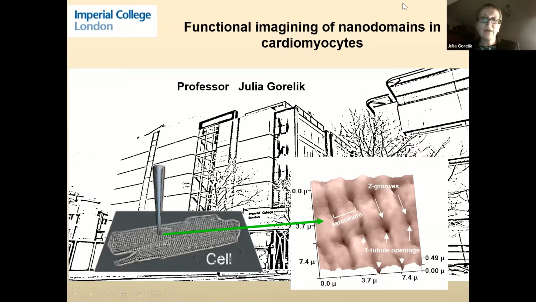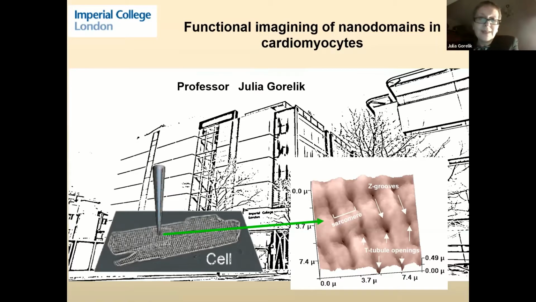So I will discuss the functional nanodomains in cardiomyocytes. And first, I will introduce the technical advantages of our techniques for functional imaging.